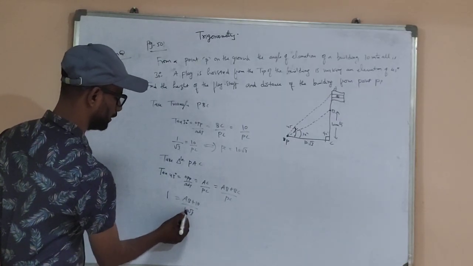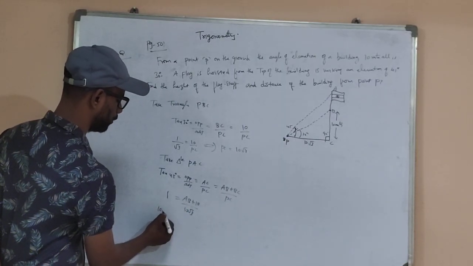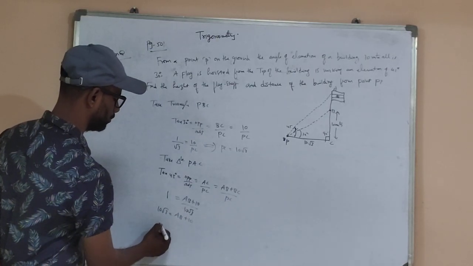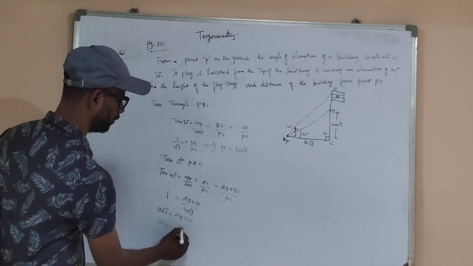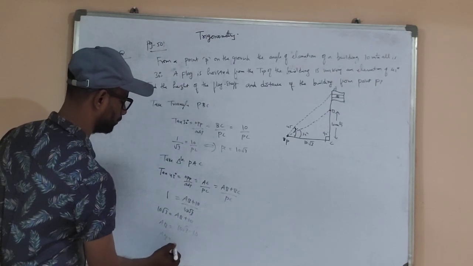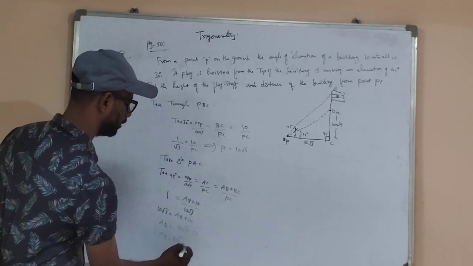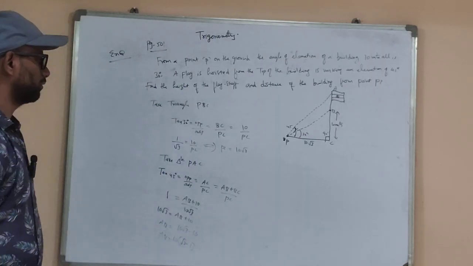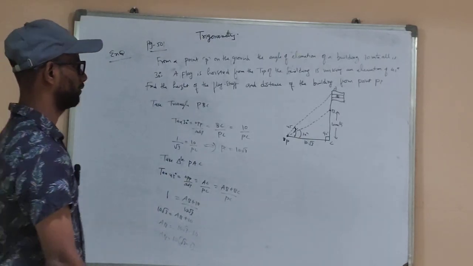By cross multiplication, 10 root 3 into 1 is equal to AB plus 10. So AB is equal to 10 root 3 minus 10. Taking 10 common, AB is 10 into root 3 minus 1. This is the height of the flagstaff.